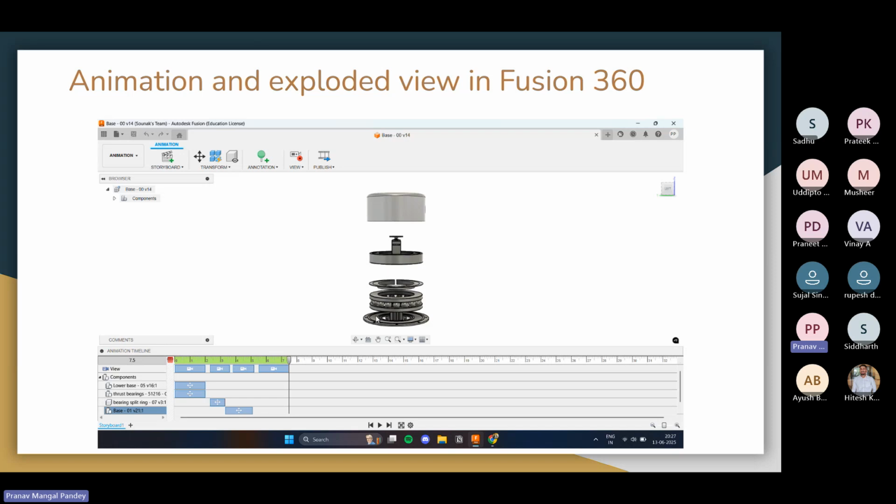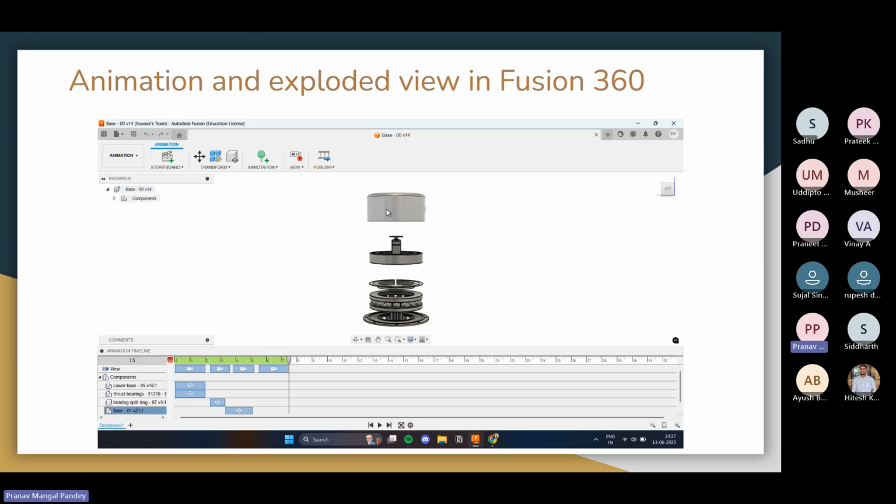How it is getting attached to the ball bearing, this thrust bearing, and how it is getting attached to the servo motor, because those two things are getting attached to it. So if I show an isometric view of these two parts getting attached to the lower base, that will be the interface design of the lower base.